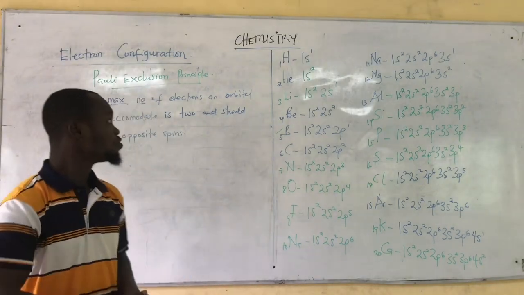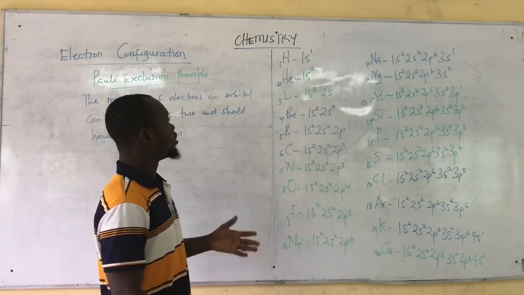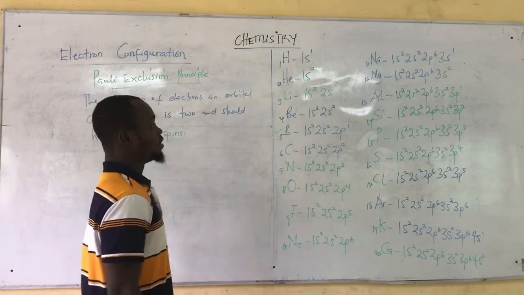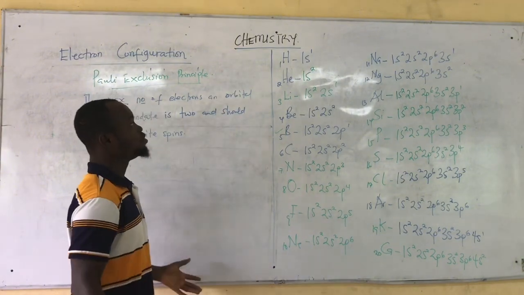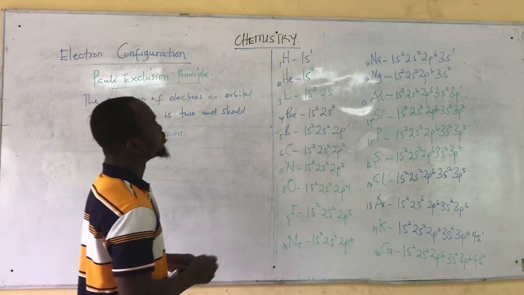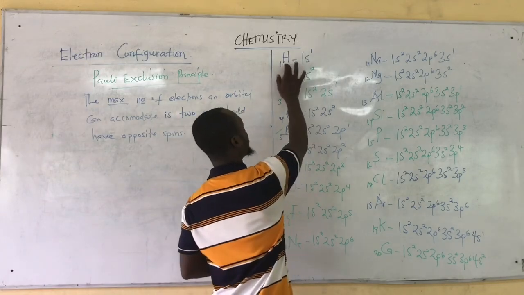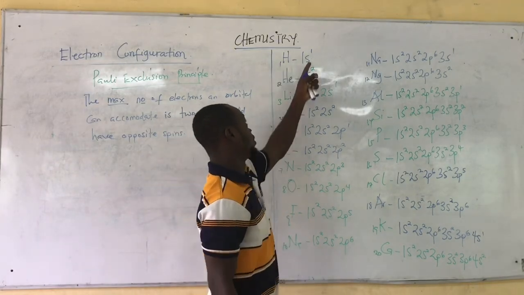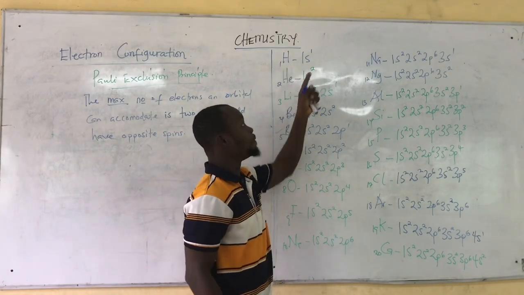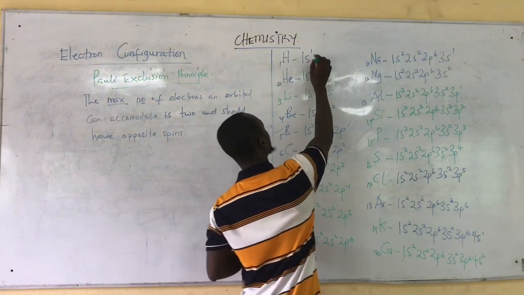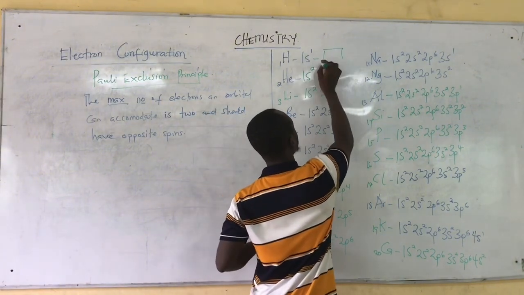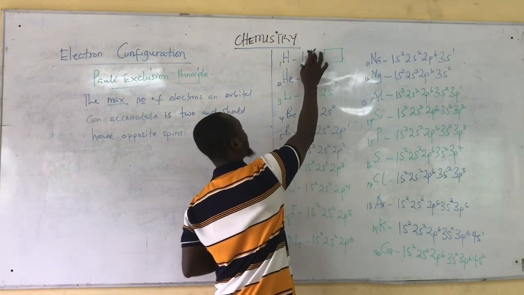Is that okay? So now it means that, taking the electron arrangements here, we can use any of them. Since hydrogen has only 1 electron, we've indicated that 1 electron here. But Pauli is also saying that we should indicate the spin of the electron.